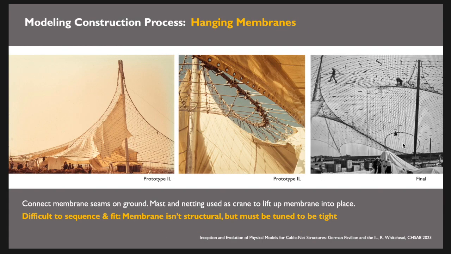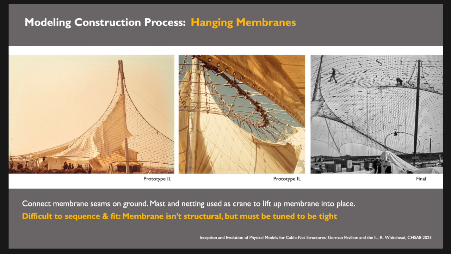They then used this as a way of trying to understand how they would hang the membranes from this. So you can see that, again, you've got the mast that's hanging all the net and the net that's hanging the membrane. Here's a part of the design for the Montreal Pavilion that maybe some people don't understand: the membrane itself was not structural, was not doing all the work. The membrane isn't even on top of the cable net.